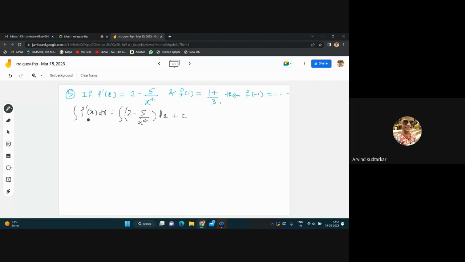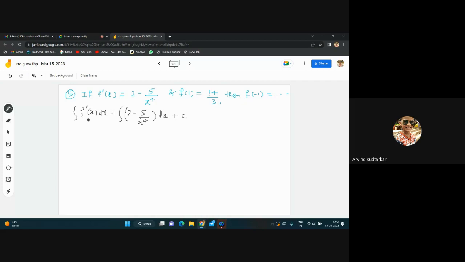Integration of a subtraction is nothing but subtraction of their integrations, so find the integration of every term individually. Integration of 2 is 2 keeping as it is, into integration of dx, which is 2x, minus 5 into 1 by x raised to 4, which means x raised to minus 4.